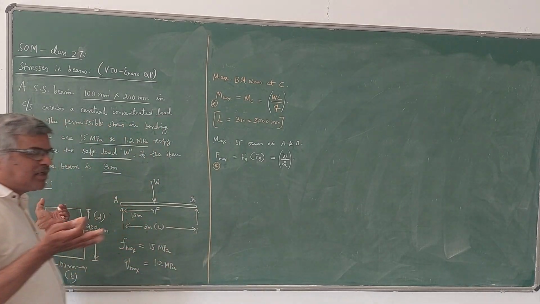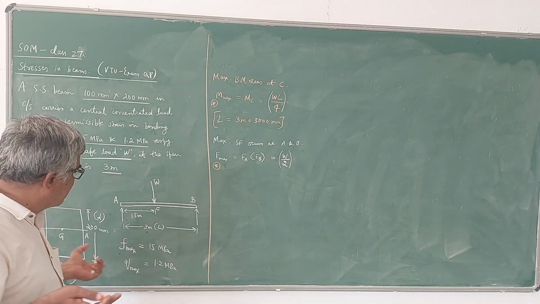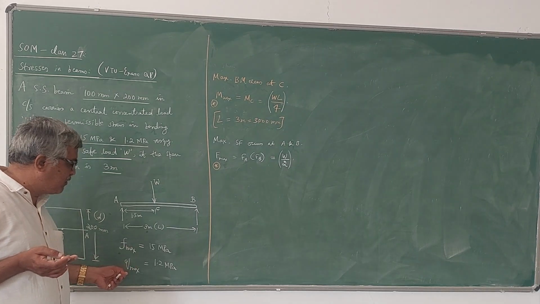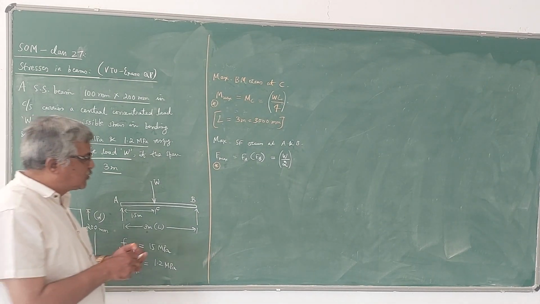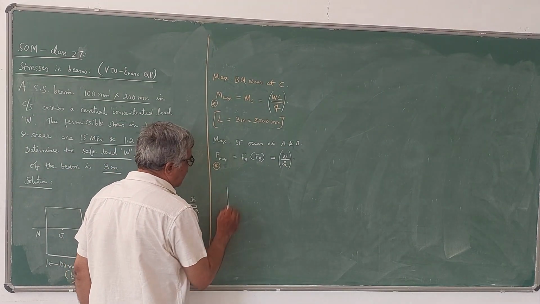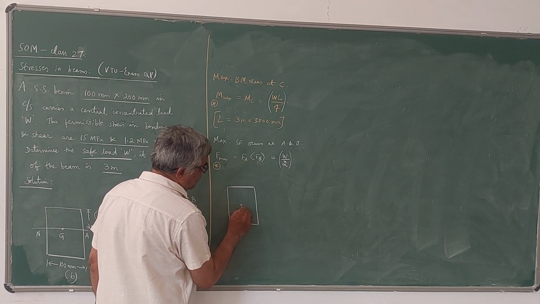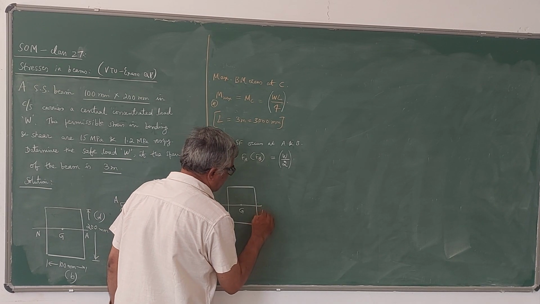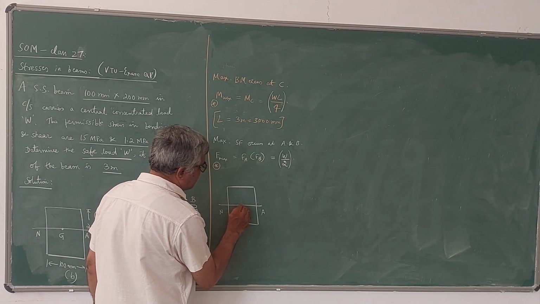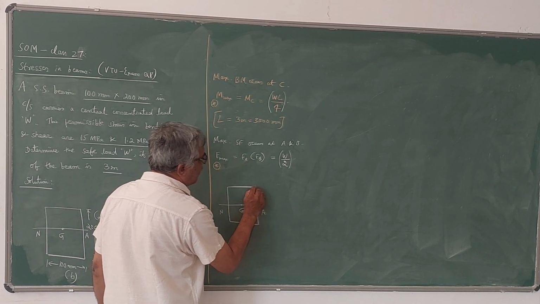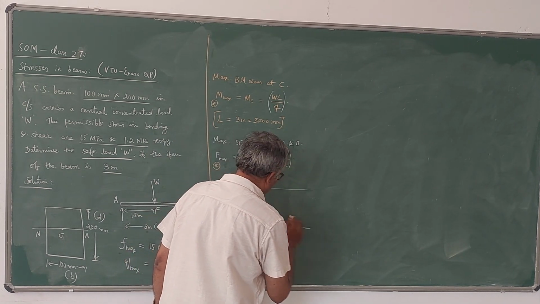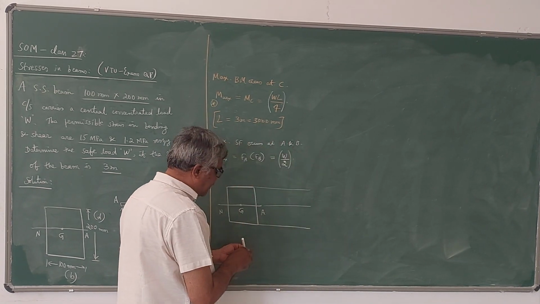Of course, he has restricted the stress values here. Fmax is 15 MPa and Qmax is 1.2 MPa. Now let me tell you how the bending stress and shear stress diagram will be across the section. In the case of the rectangular section, bending stress is maximum at the farthest fibers, the extreme fibers. You can see the bending stress diagram.